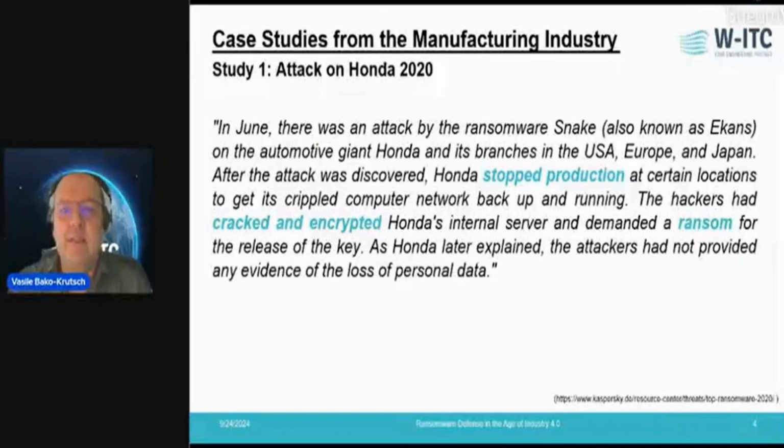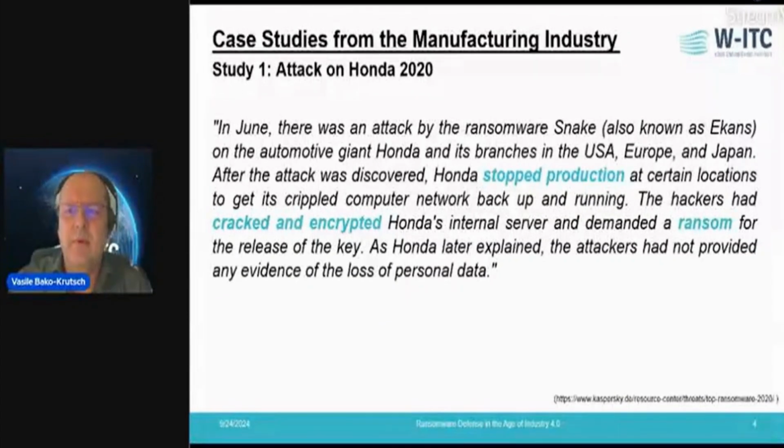As I said, the description of this case highlights the importance of good network segmentation to prevent such attacks. The ransomware exploited vulnerabilities in the network in the case of Honda, and due to that, it spread very quickly and affected critical systems. This underscores again why it's very important to divide the network into isolated segments and strictly control the access.